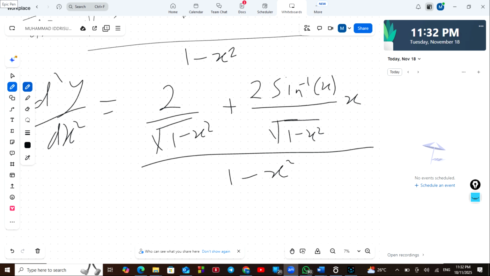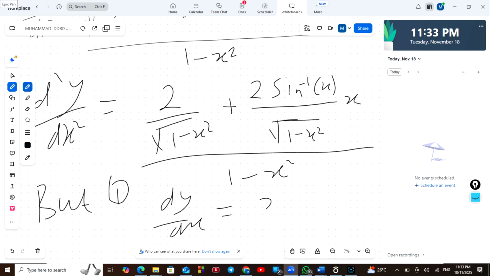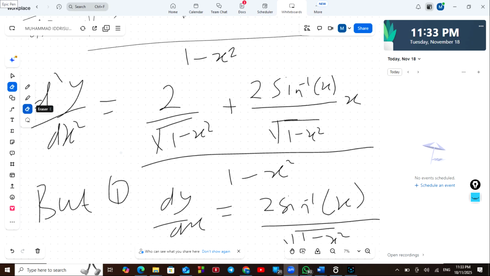I now have this. Okay, but from equation 1, from our initial equation, we have dy dx to be equal to 2 sine inverse of x all over the square root of 1 minus x square. We have this from the first equation.